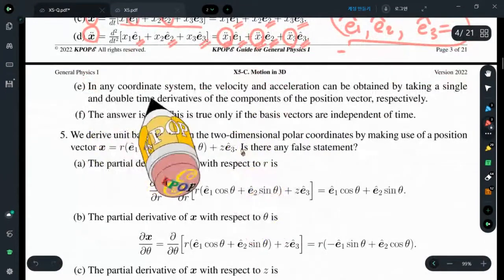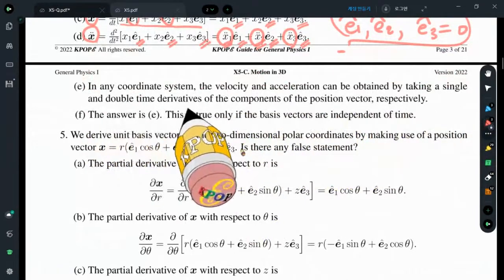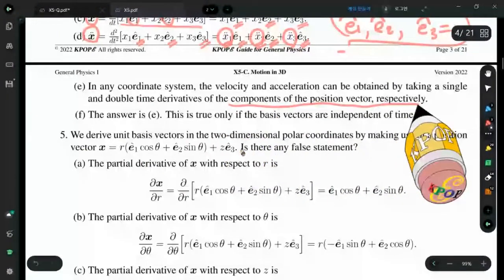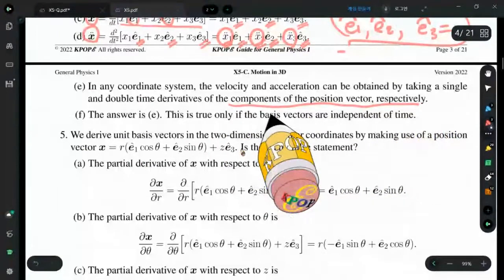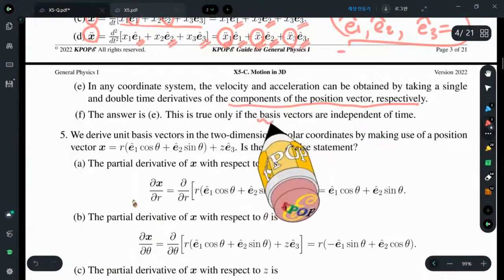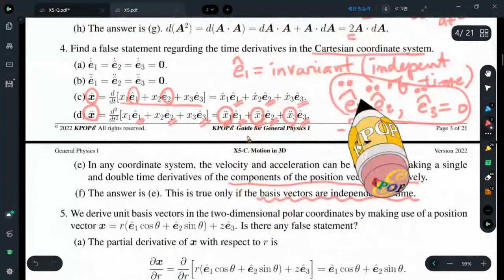In any such coordinate system, the velocity and acceleration can be obtained by taking single and double time derivatives of the components of the position vector, respectively. And this is the nature of Cartesian coordinates. Basis vectors are independent of time only in Cartesian coordinates.